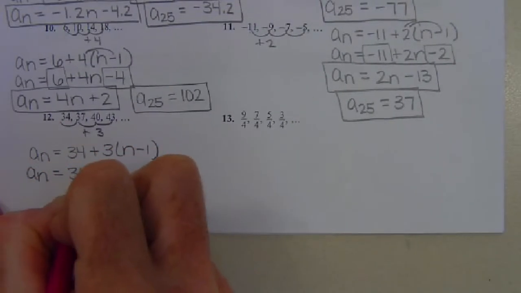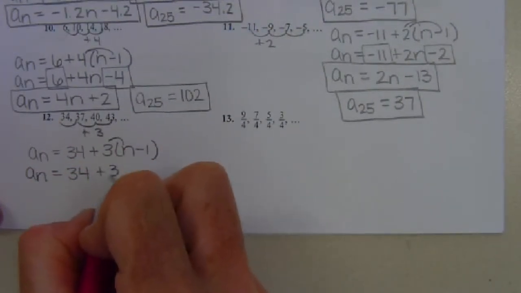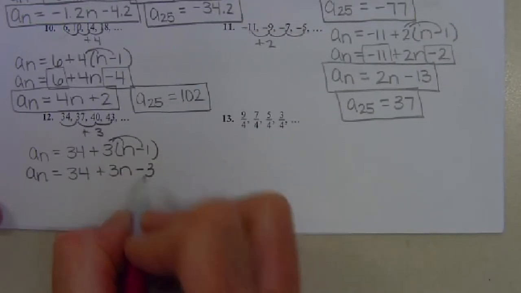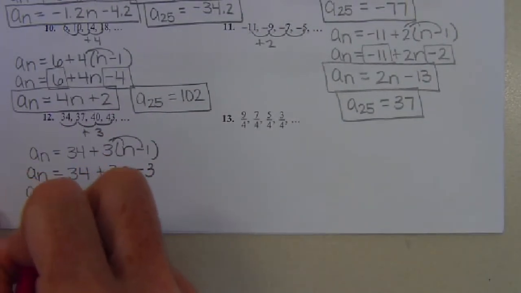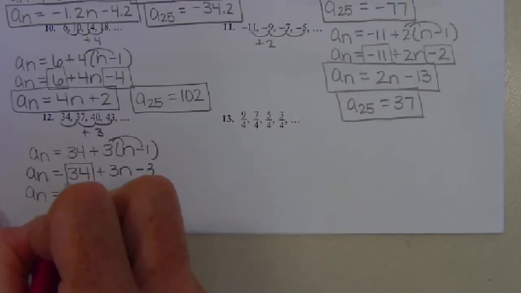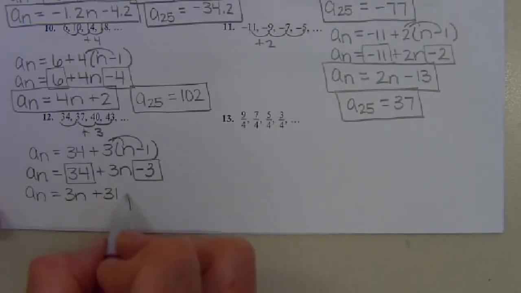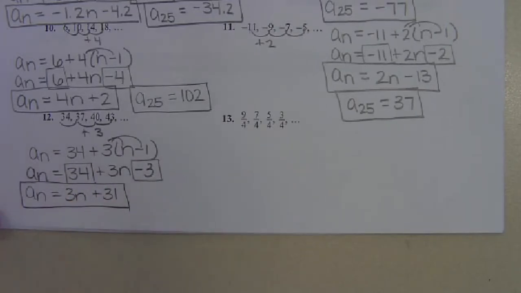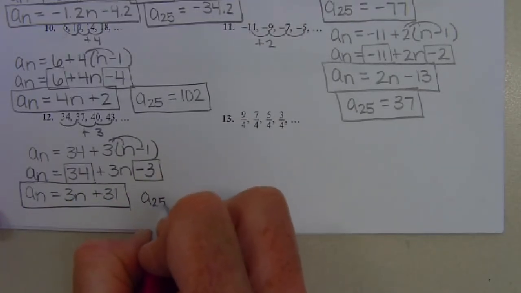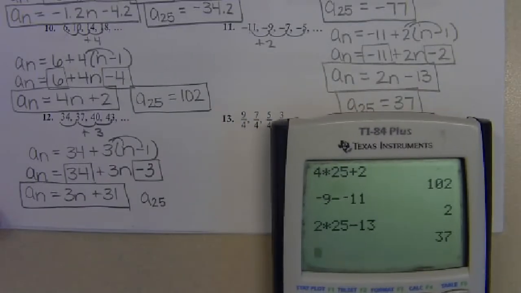I'm then going to distribute the 3 and get 3n minus 3. I'm then going to keep my 3n and combine my 2 like terms. 34 minus 3 is 31. Once I get that, I am then going to get my 25th term by plugging it in. So I just go 3 times 25 plus 31, and my solution will be 106.